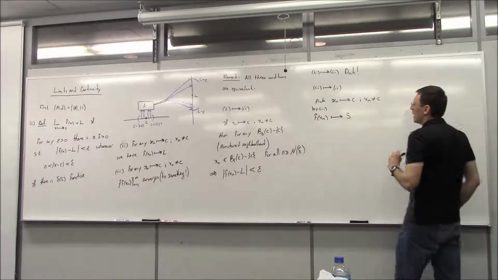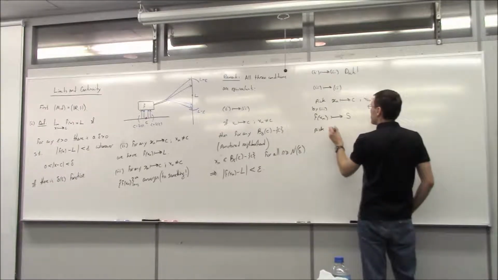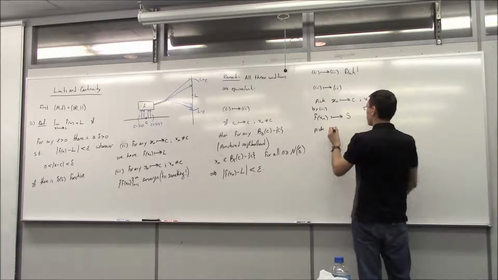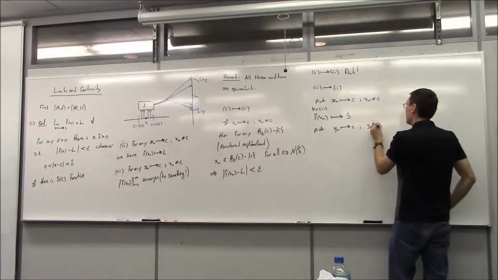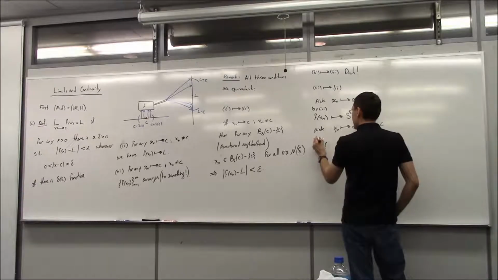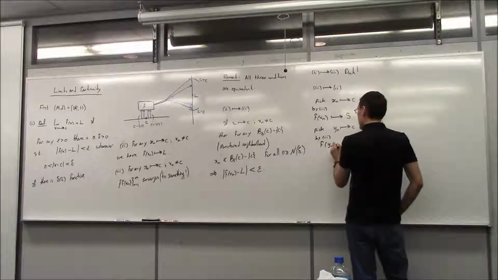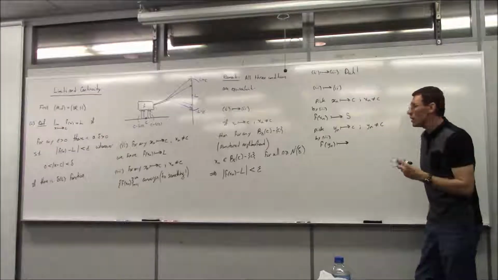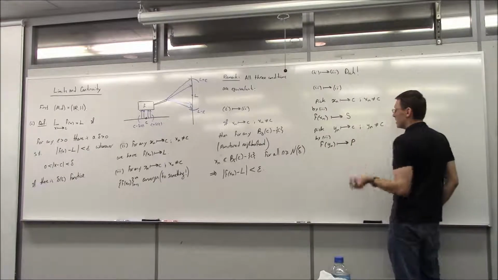Okay, and then I will pick another sequence yn going to C, again with yn not equal to C. And what do I get? By condition 3, f of yn will converge, maybe not to the same something, to something else, which we can call p. It will converge to some p.